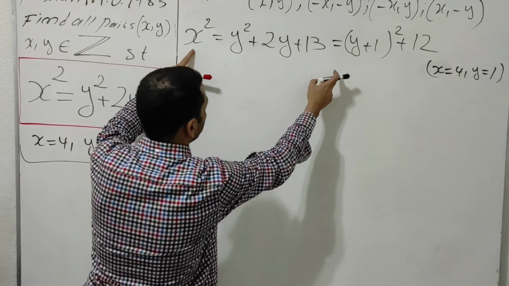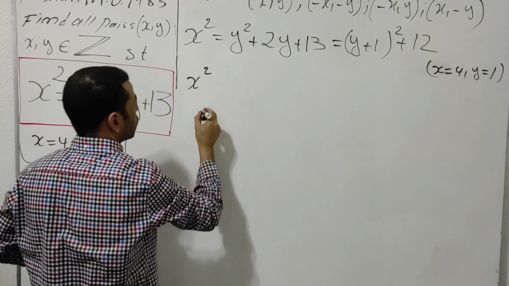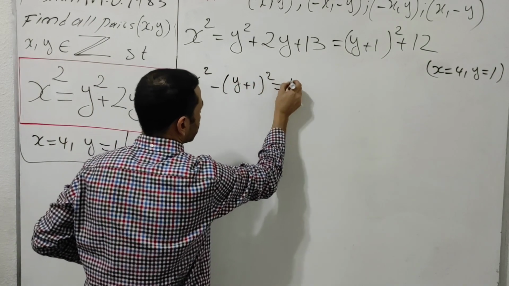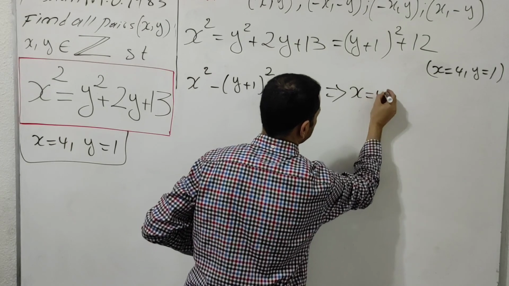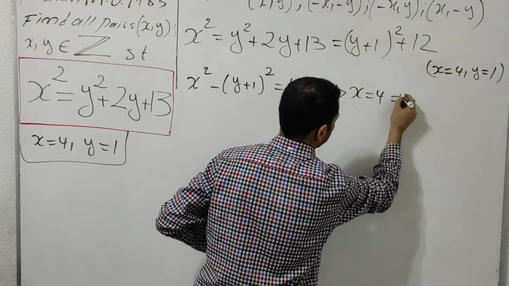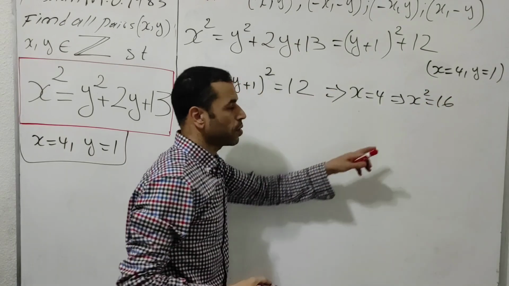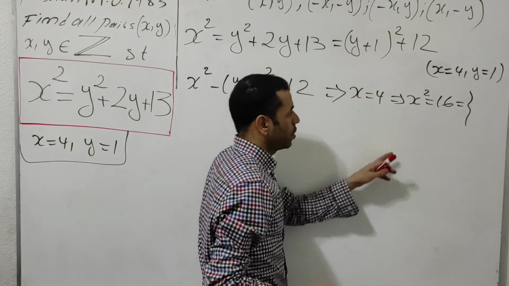If you take a look carefully at this equation, I will have x squared. By bringing this term to the left hand side of this equation, I will get minus y plus 1 squared equals 12. Okay, now we have x equals 4. I will get x squared equals 16. Here is a problem. When you take the square root here, we will have either solution.